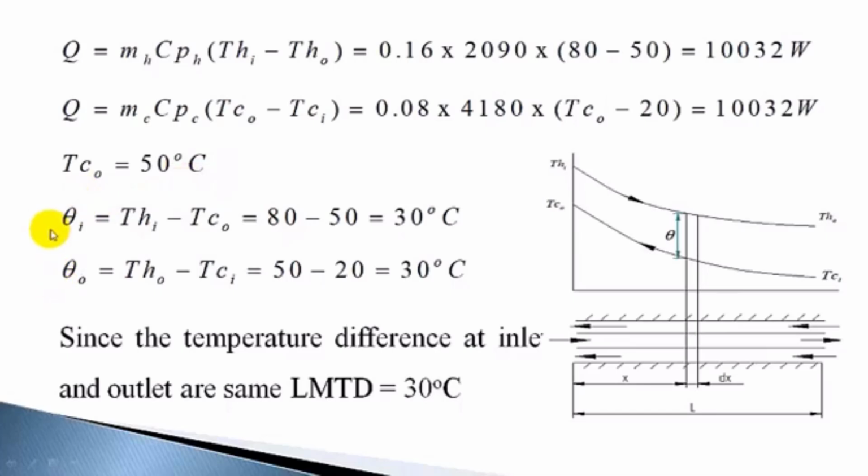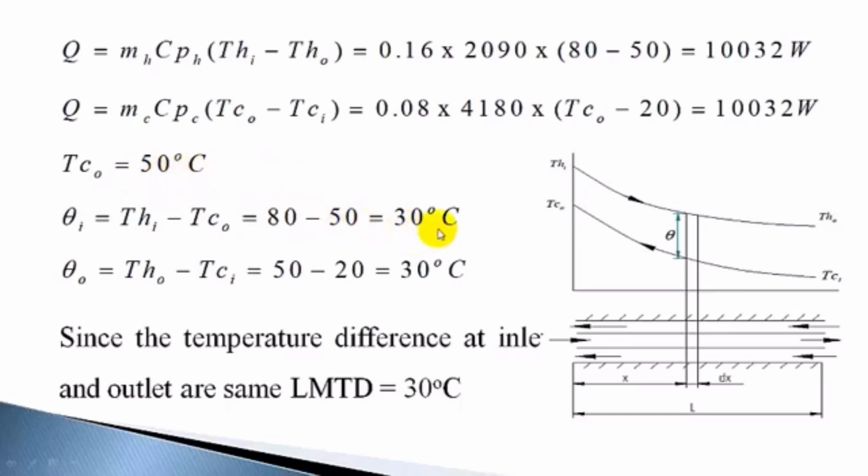Now you can find theta i and theta naught, that is the temperature difference at the inlet and the temperature difference at the outlet. Since it is a counterflow heat exchanger, the temperature difference at the inlet is Thi minus Tco. Thi, we know the hot fluid enters at 80 degrees centigrade, and the cold fluid water is exiting at 50 degrees centigrade.